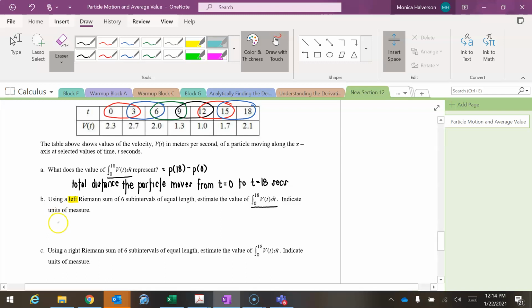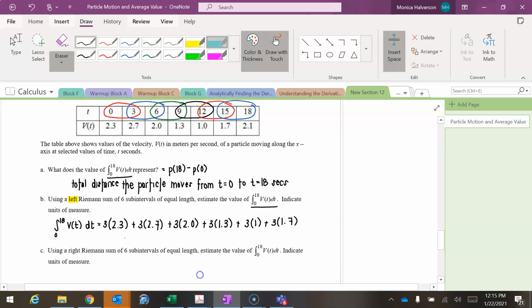So to find the value of this definite integral, it would be 3 times 2.3 plus 3 times 2.7 plus 3 times 2.0 plus 3 times 1.3 plus 3 times 1 plus 3 times 1.7.